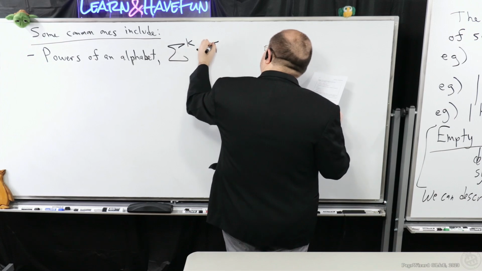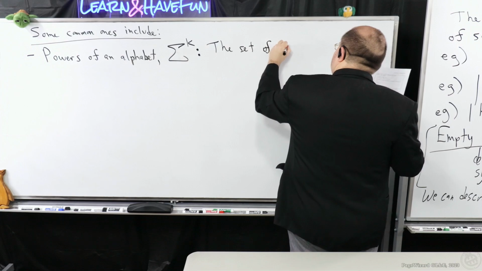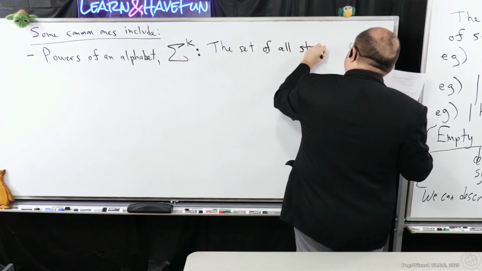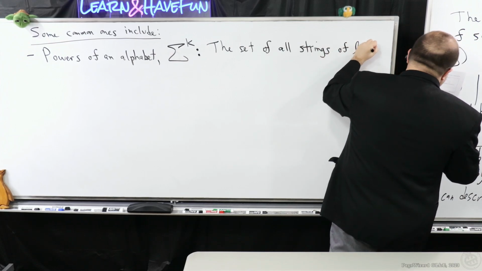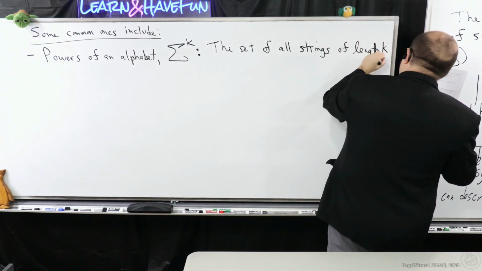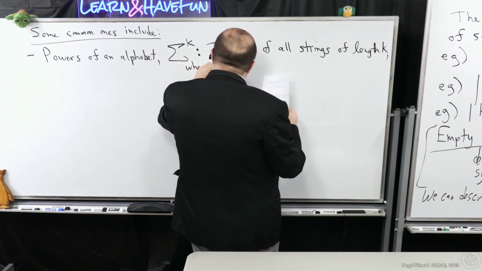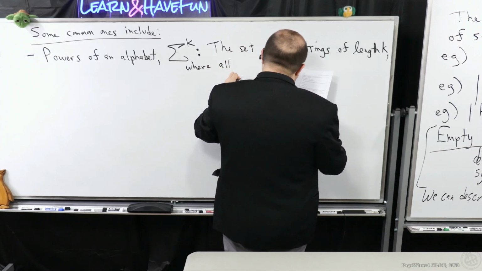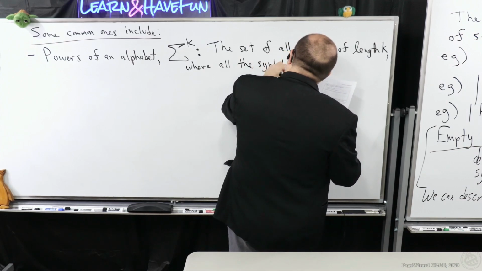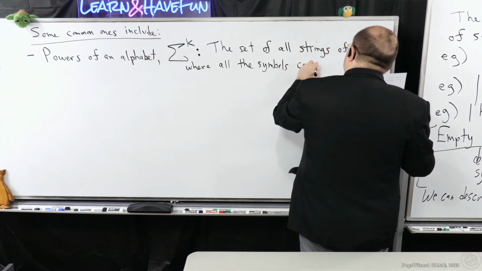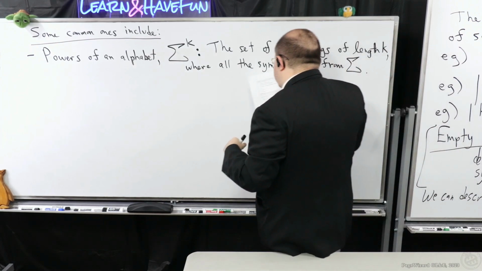It's going to be simply the set of all strings of length k, where all the symbols come from the alphabet, right?